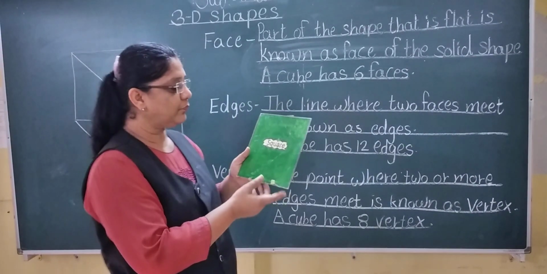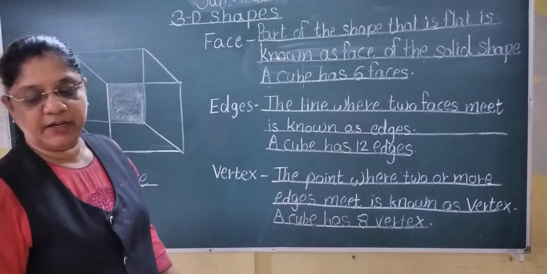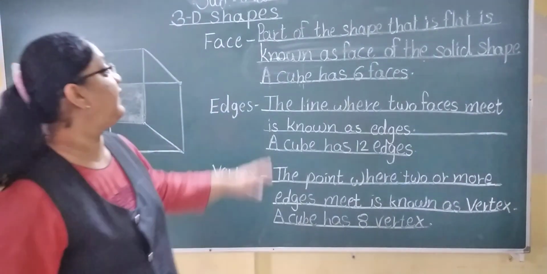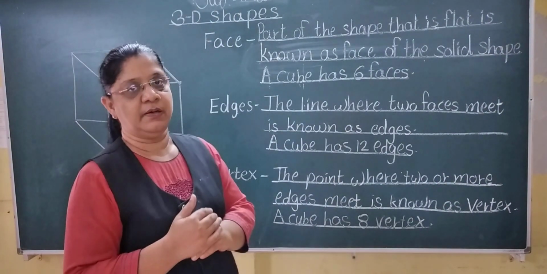Now see, today we will see the 3D shapes. 3D shapes means what? Three-dimensional shapes. We call them solid shapes.